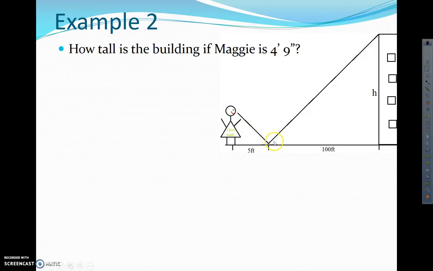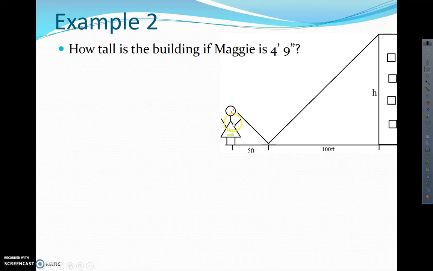This angle will be equal to this angle due to the way physics works with mirrors. What else? On the angle made with the horizontal, we'll assume that she's standing upright. So there are two angles which are the same.